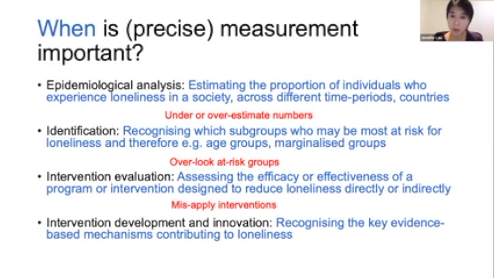We might be more likely to discount certain interventions because they don't seem to work if we're not able to accurately measure those changes across time. And we might decide on the wrong kinds of intervention targets because, again, the research which is based on our measures of loneliness is slightly off target because of that.